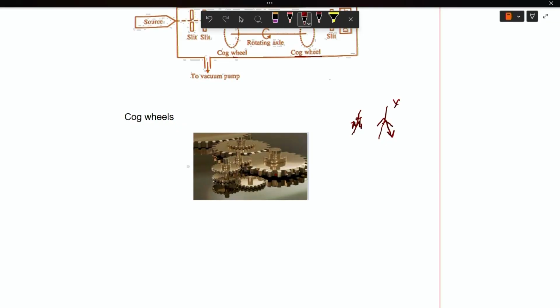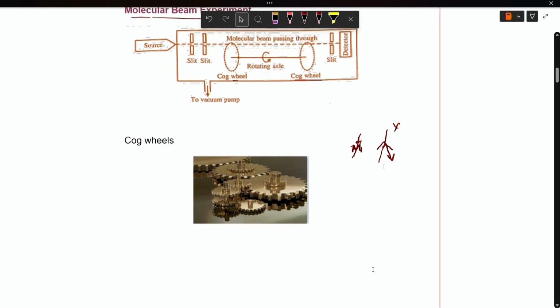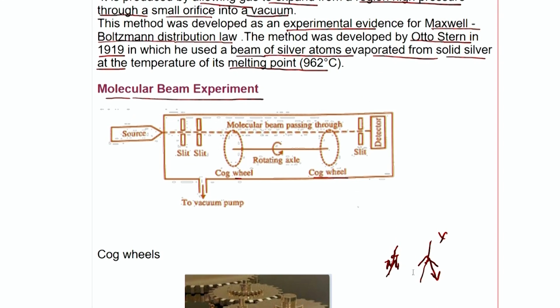So, this cog wheel is very important because here we have to control the beam of molecules passing through it. Now, this is a source where the metal or the required sample is vaporized above its melting point, and it is coming out into this chamber which is vacuum.